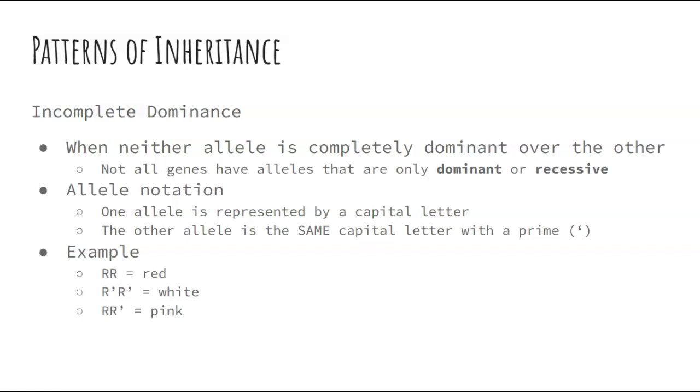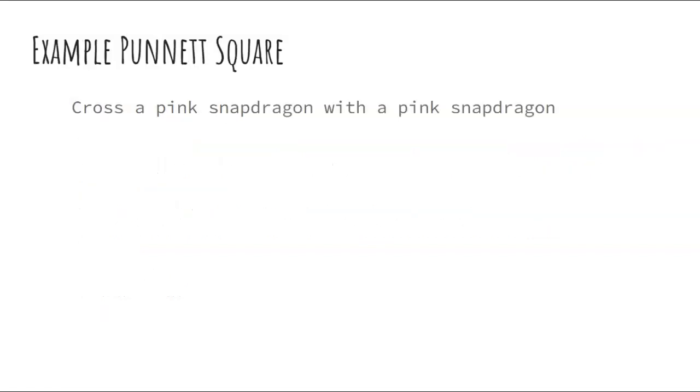So let's show this in an example of a Punnett square. I want to cross a pink snapdragon with another pink snapdragon. If you don't know what a snapdragon is, it's a flower. So we're going to cross a pink flower with another pink flower. To start off, remember our steps to the Punnett square, we need to start with our parent cross.